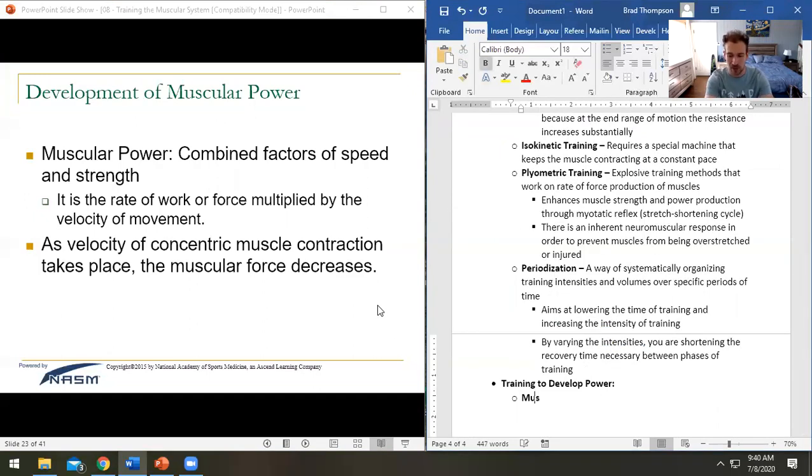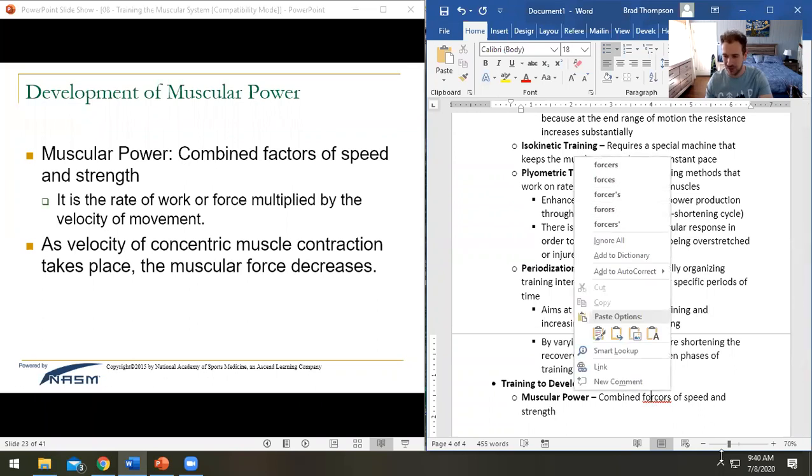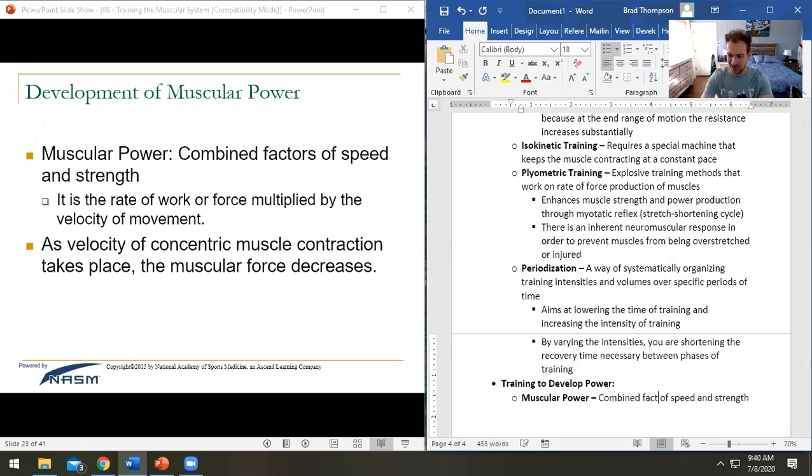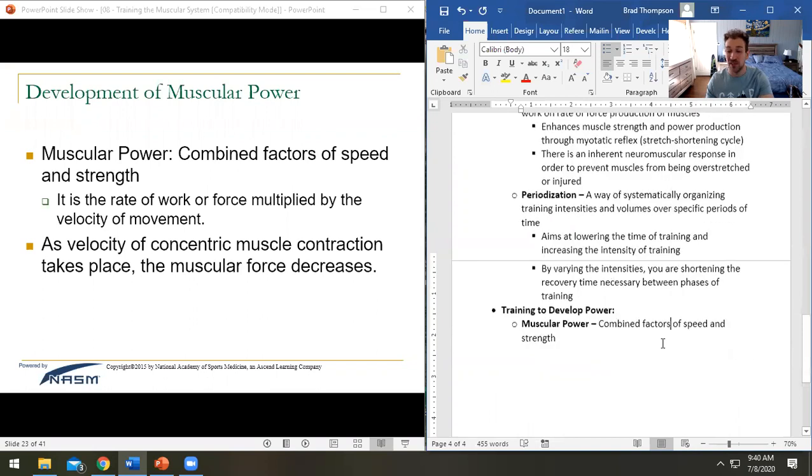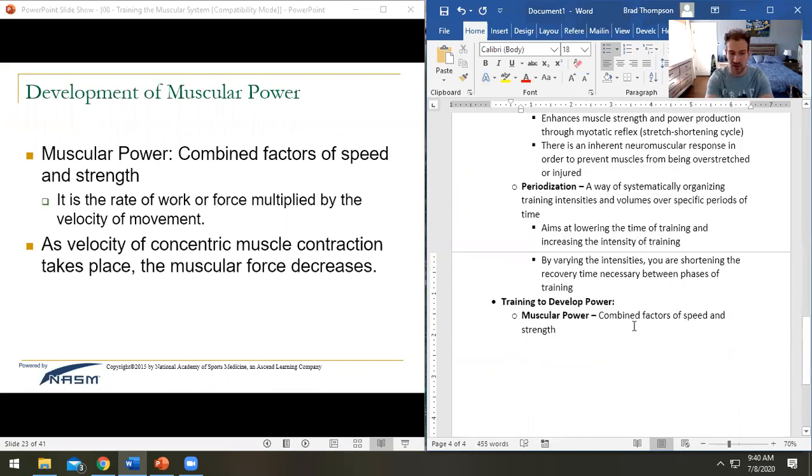By definition, muscular power is going to be the combined factors of speed and strength, right? So we think of power as a formula: power equals force times velocity, right?